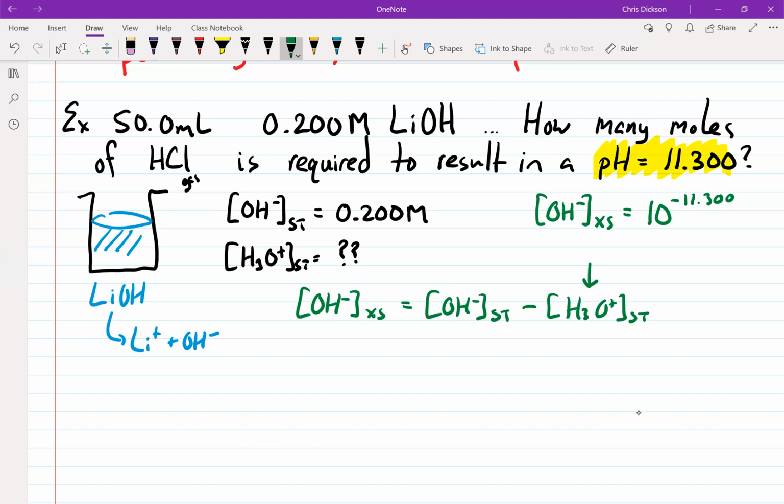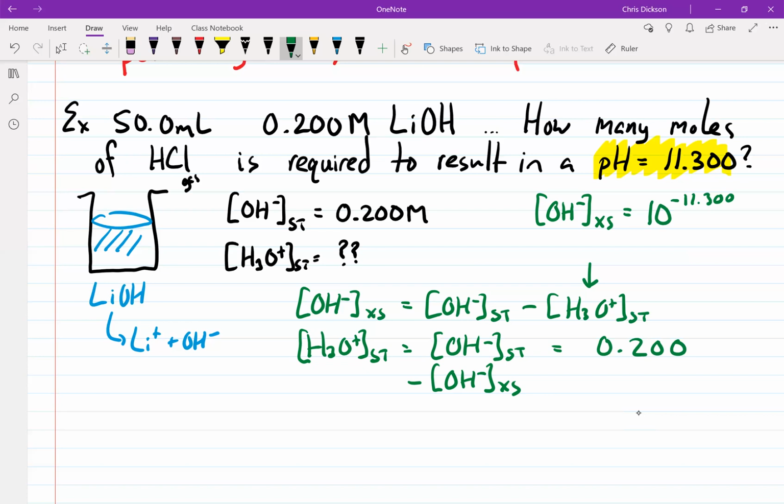That's the amount we want here. So I might rearrange my equation: the hydronium we started with would have to equal the concentration of hydroxide we started with minus the concentration of the hydroxide that was in excess. Just rearrange the equation. So this number here is 0.200, and then we're minusing the antilog of that.